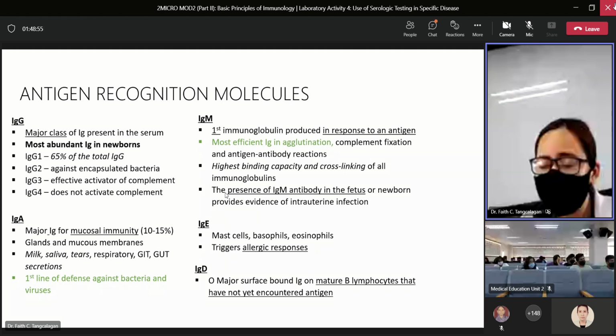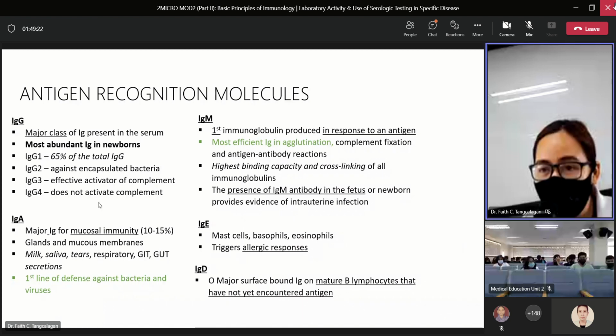So once it's present in the fetal blood or newborn serum, then probably the mother might have an intrauterine infection. That's why. So another Ig class is your IgA.